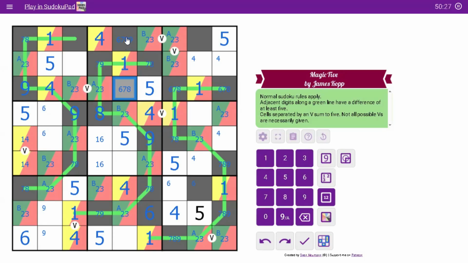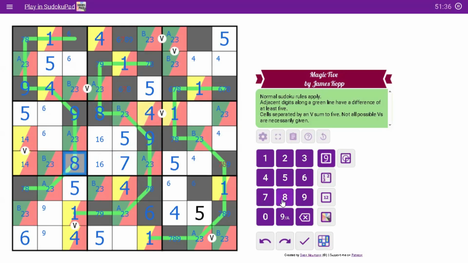Well, let's see here. 8, 9. We do the same game, something else. What else? Oh, the 7 by Sudoku goes there, which is very funny.